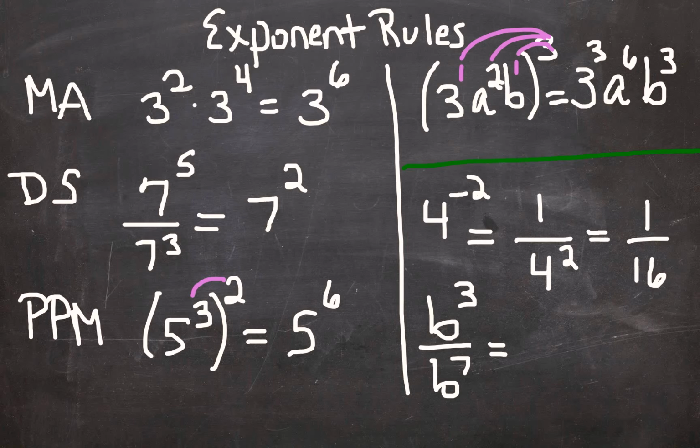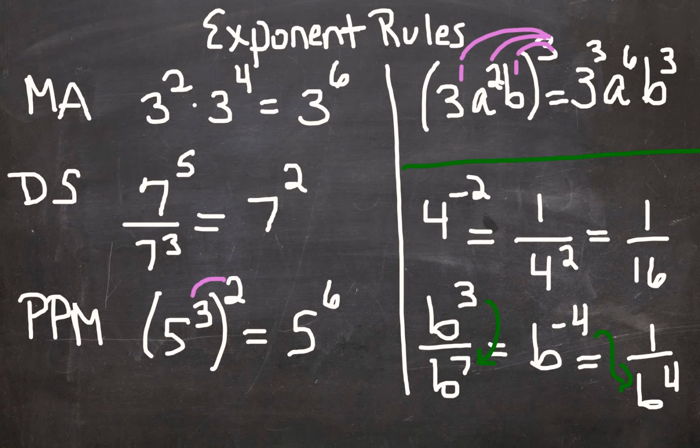That means I would end up doing 3 minus 7 after keeping the base b. So I'd have b to the negative 4th. I can't leave a negative exponent. So this answer would actually be 1 over b to the positive 4th. Once I move it down to the denominator, it becomes a positive exponent, because then it's happy.